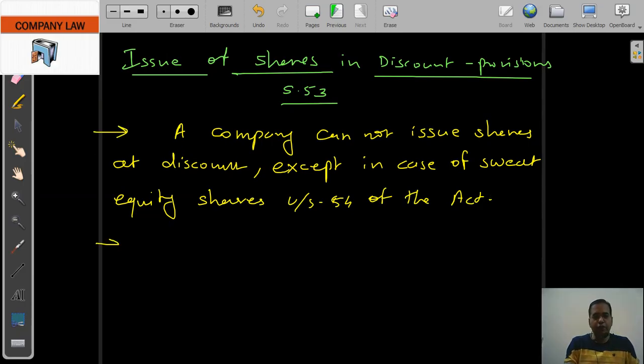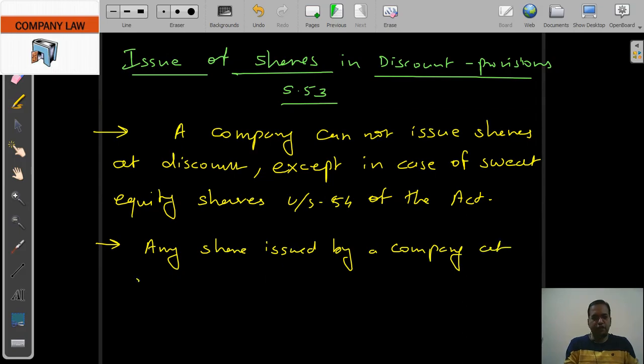And if the company issues, then what will happen? Any share issued by a company at discount shall be void. So these are the important provisions one needs to understand. So it will be considered as void.